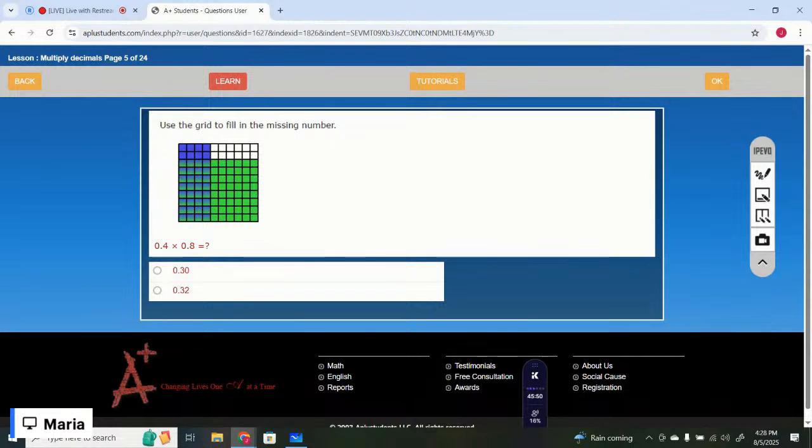Use the grid to fill in the missing number. 0.8 times 0.4 is 0.32. Option number 2 is the correct option.